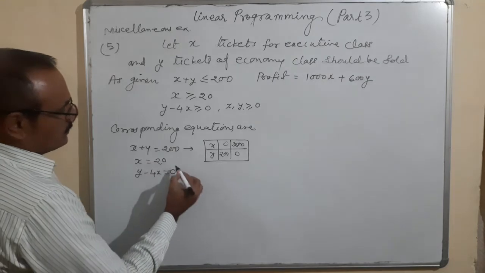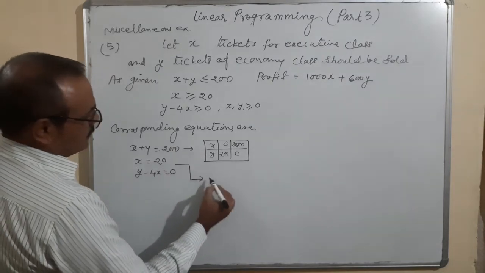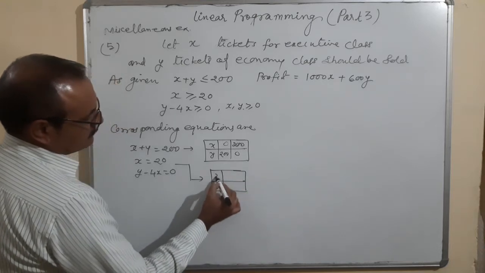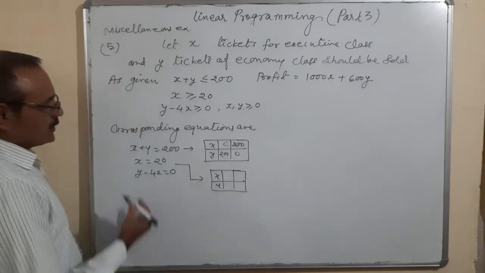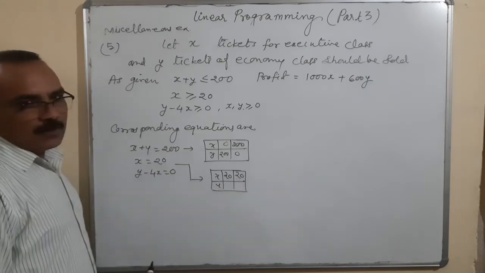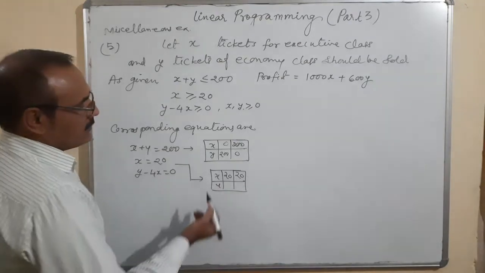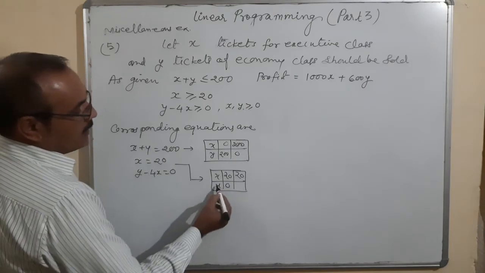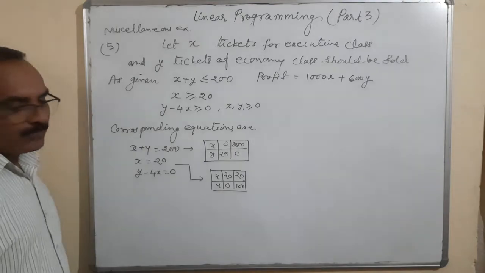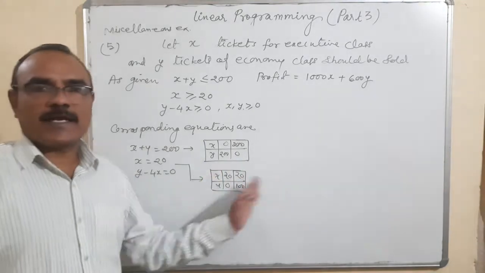For x is equal to 20, x is fixed everywhere, and for the value of y we are free, you can put anything. Suppose I put y is equal to 0, and y is equal to 100. X is equal to 20 is fixed, y can be varied.